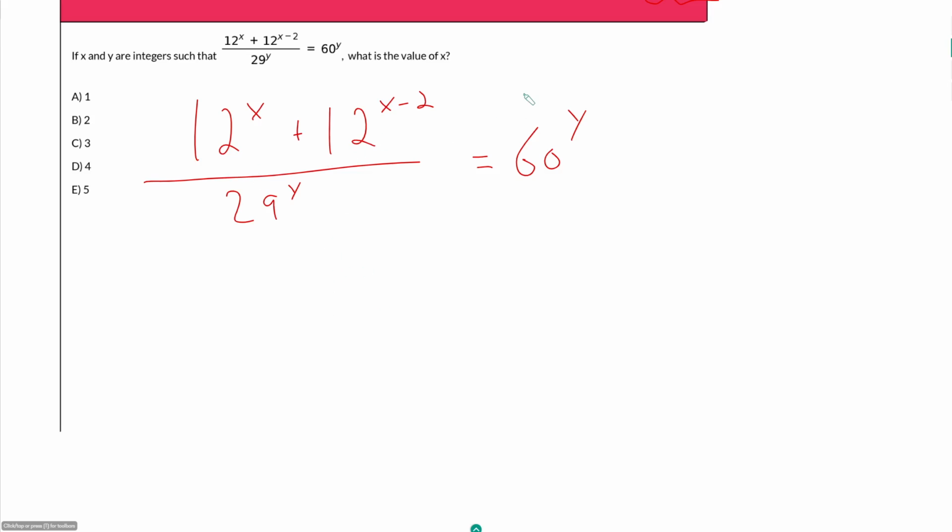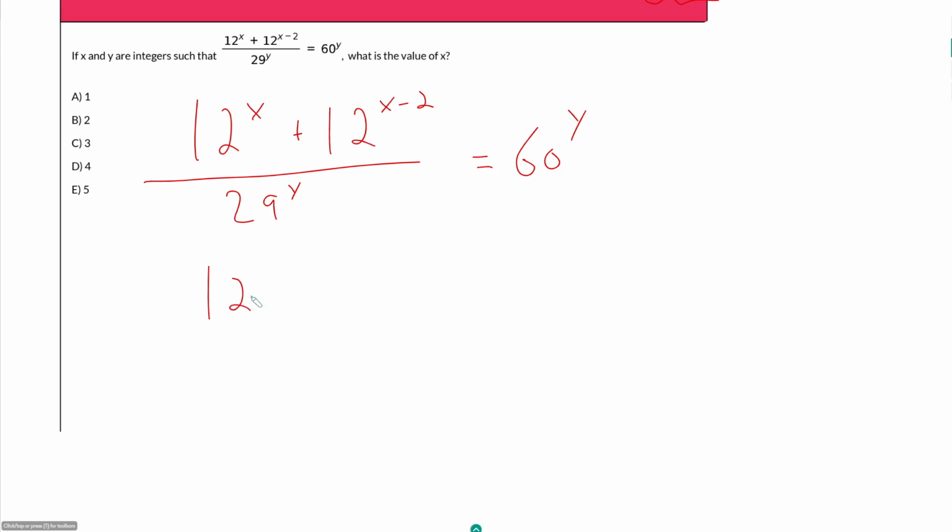If my end goal is to get the two sides to match, well, the first thing I would do is take care of the easy stuff first. I have a fraction on my left side here. I have a non-fraction on the right side. I'm just going to move this 29 raised to the y over. I'm going to multiply each side by 29 raised to the y.